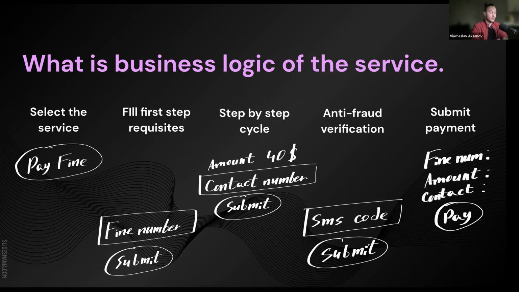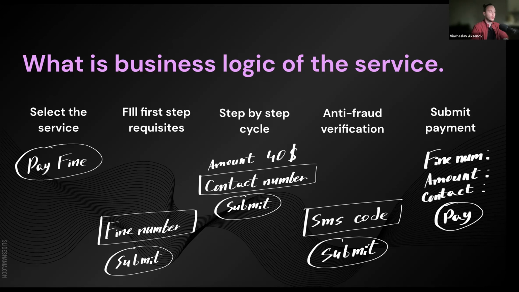Then we press submit, and the system takes some information about this fine from the fine system. The payment service adds this information to the payment and provides it to the user. Then the user needs to enter the requisites for the next step, for example, a contact number.